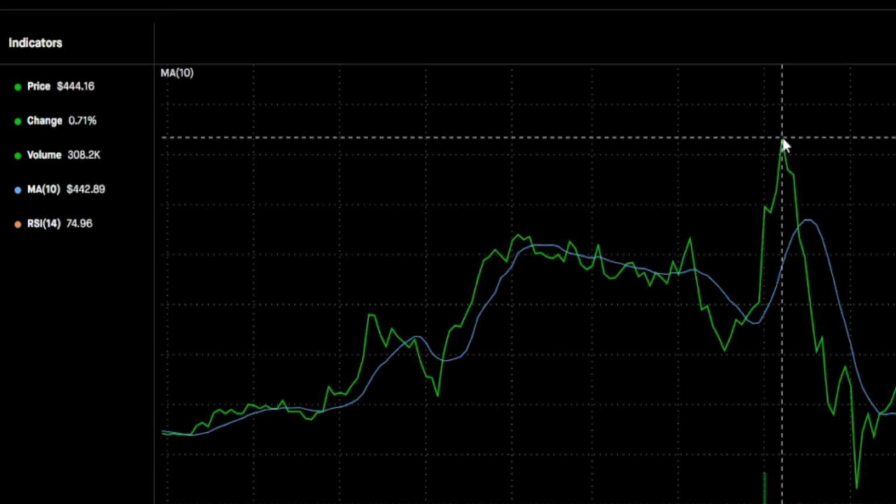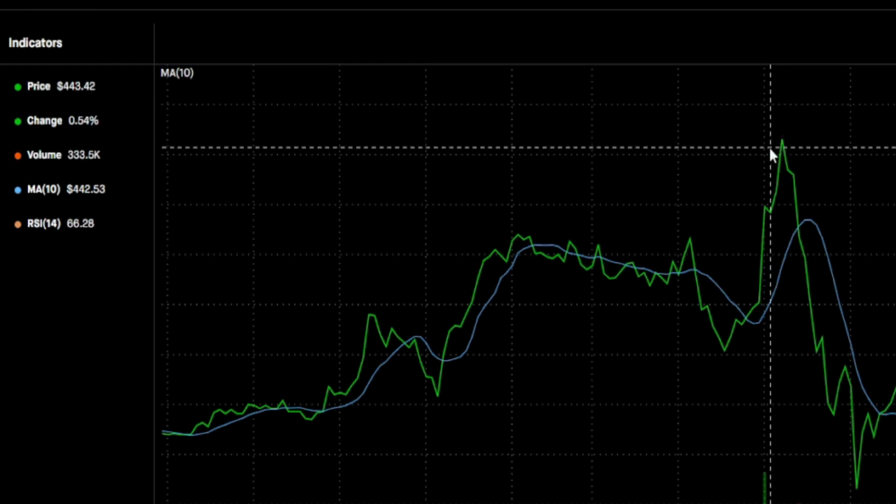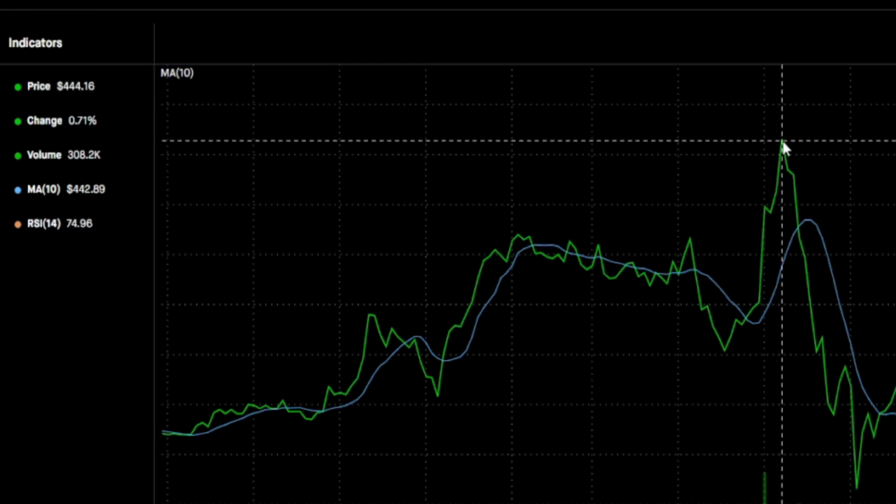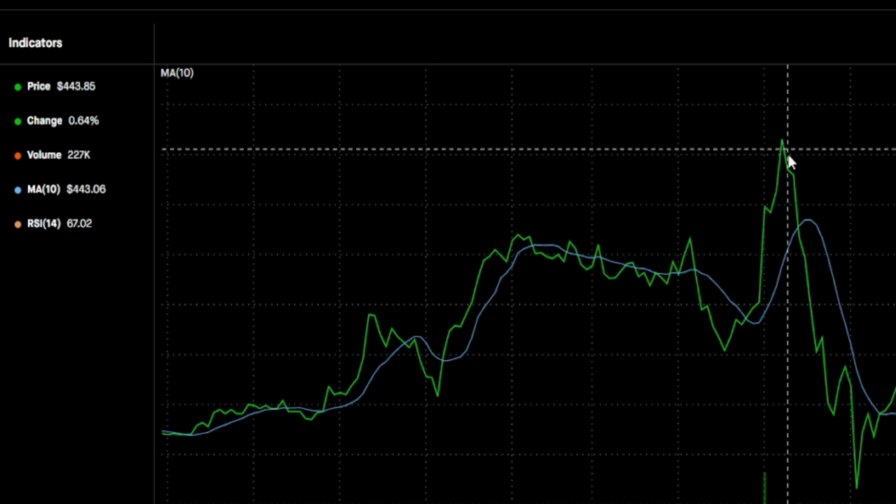Now, its peak today was at $444. If I want the stocks to go down, I should see that I should enter the market now, because that's when it was at its peak for today and it's been going down.